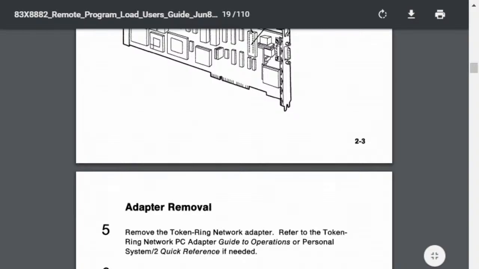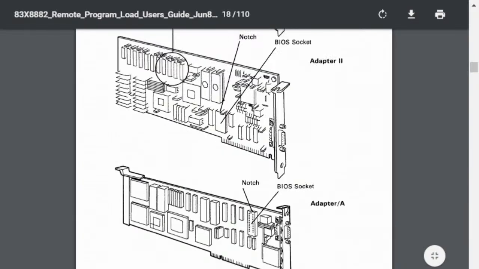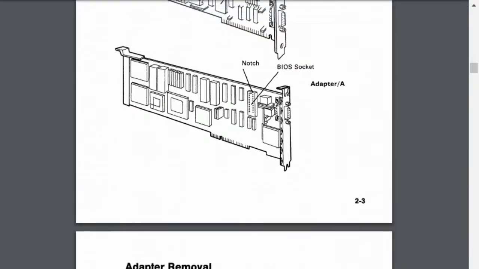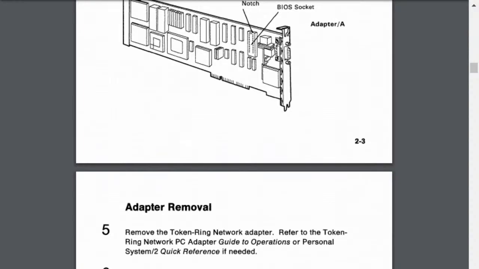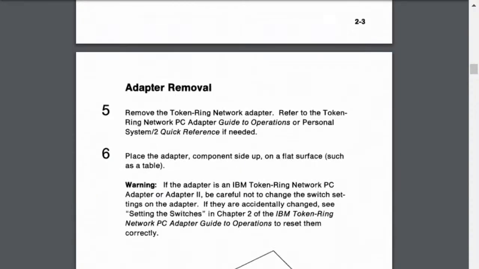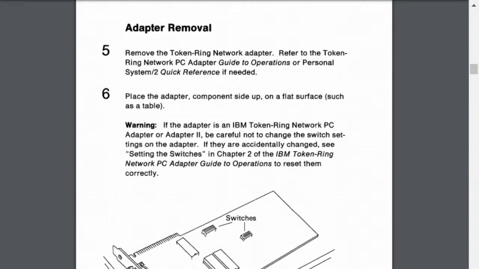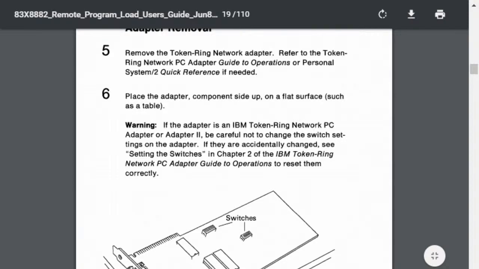Now, later Token Ring boards, the ones after this, when they shortened down the adapter, still had a socket for the Ripple ROM, and then with the later ones, they had just the 2 EPROMs that were on board, and the Ripple code was actually built into those 2 EPROMs.